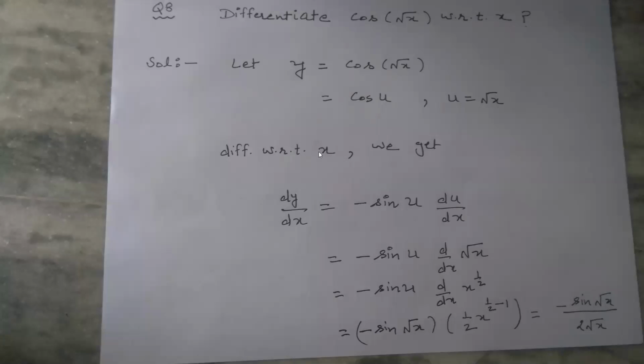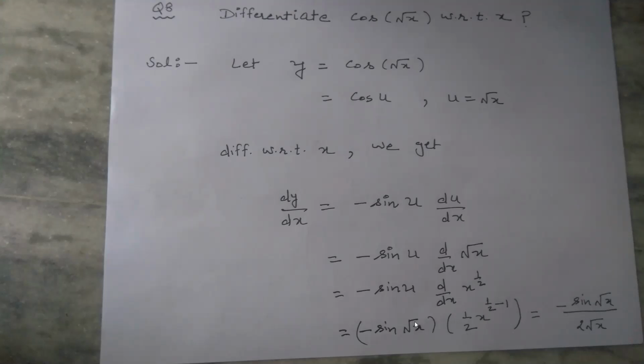Now differentiate with respect to x. dy by dx is equal to the derivative of cos of u, which is minus sin u, but again times the derivative of u with respect to x. This u means square root of x. So the derivative of x raised to power 1 upon 2 is 1 upon 2 x raised to power 1 upon 2 minus 1.